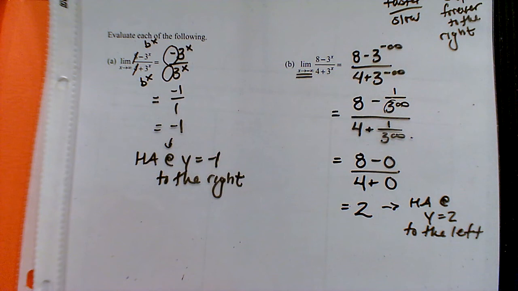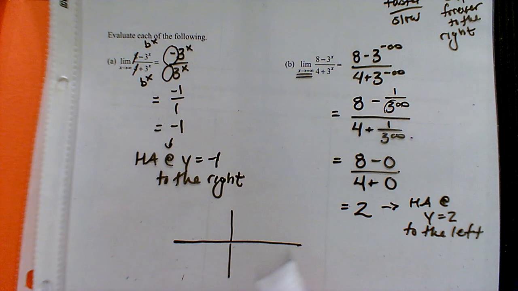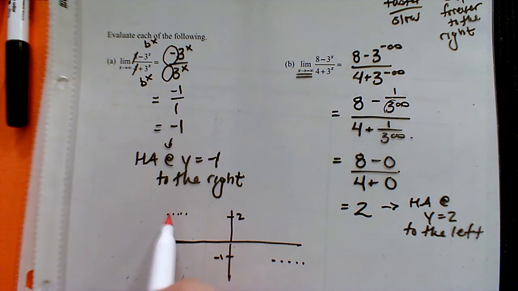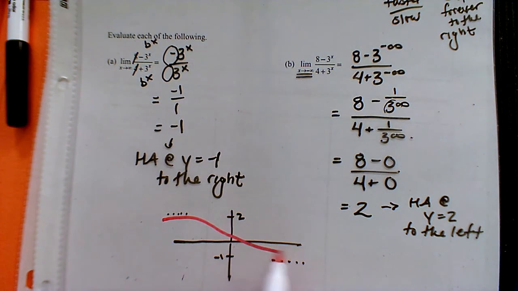So graphically speaking, this is another instance where we have two different horizontal asymptotes. If you wanted to draw a picture of this, we need to level off at 2 to the left, and then level off at negative 1 to the right. A possible graph might look something like this.